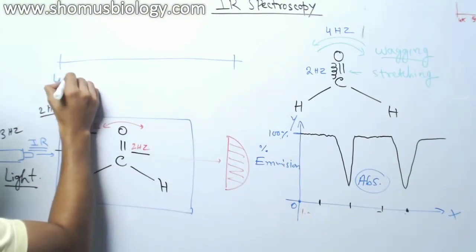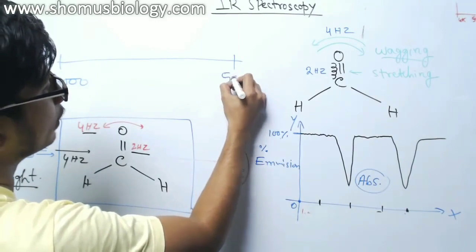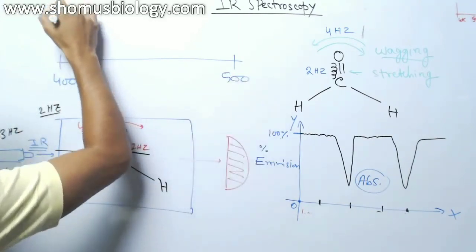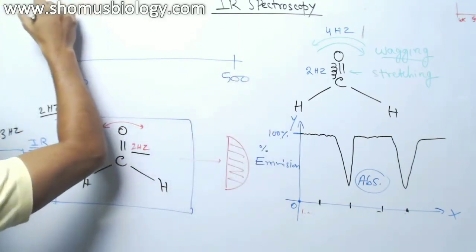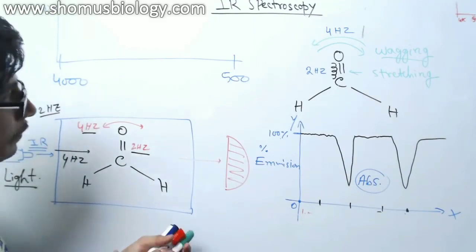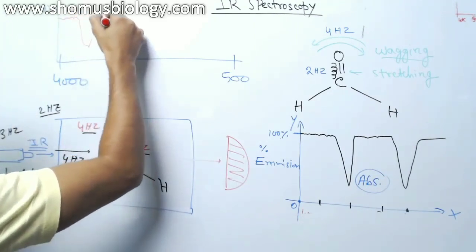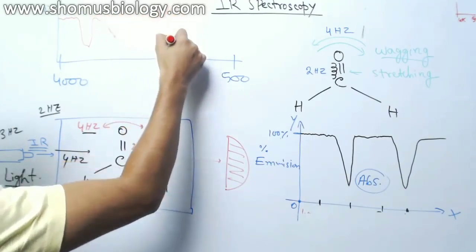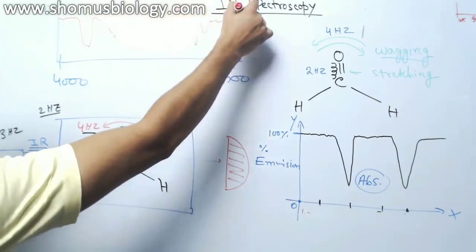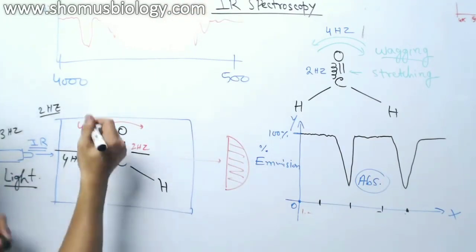The wave number is 4000 here, and here we have, let's say, 500 only, and here we see the different transmittance on the y-axis. If you look very carefully, you will see a lot of different peaks going down, like this, and after a specific point, you will see something like that. What is that? I'm going to explain in a moment.